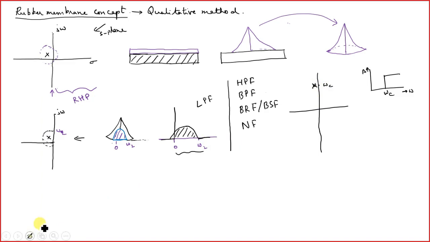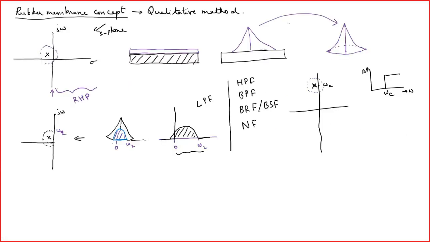So if you look into its domination, its domination is in this circular area, but you do not want anything before this omega c, right? In this area you do not want anything.